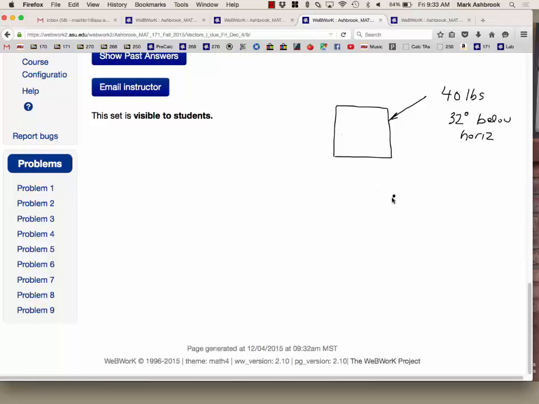And then someone else comes along and pushes, let's say they're trying to work together here. So someone else comes and pushes with 55 pounds of force. And that's at 79 degrees below horizontal.